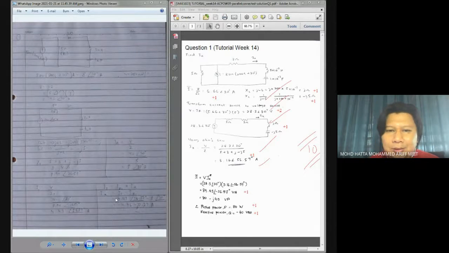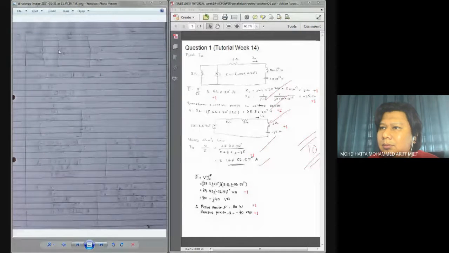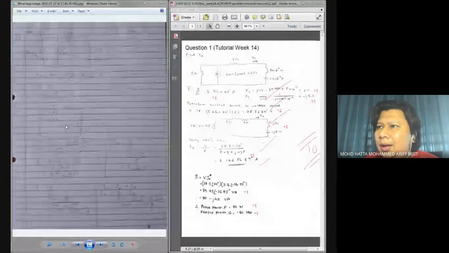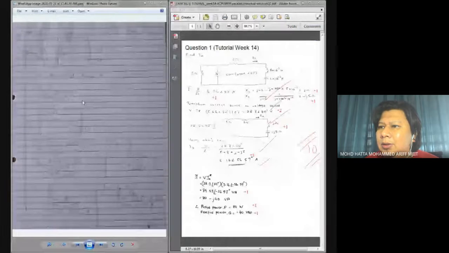I don't know what your understanding is about the circuit. Since you look at the circuit over here, from the parallel connected current source and resistor, you converted it into this arrangement. You converted it into a series circuit. So why are you looking at this circuit anymore? Just focus on this one.